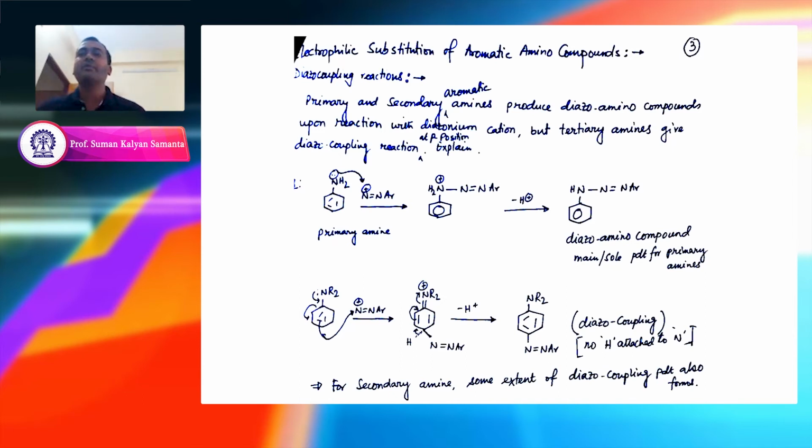Sir, can you repeat that point about the kinetic studies of this reaction? Yeah, so for the second example, when I talked about the tertiary amine, what they're saying is that the first step where your diazonium salt is getting attacked at the para position mostly remains the rate determining step, and that is why in your rate equation, what will appear is the tertiary amine and your diazonium salt.